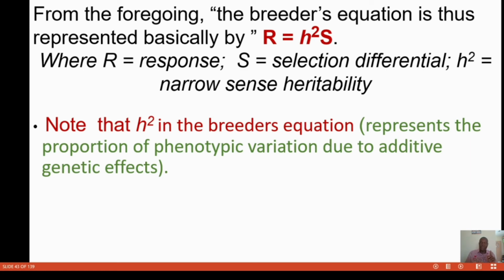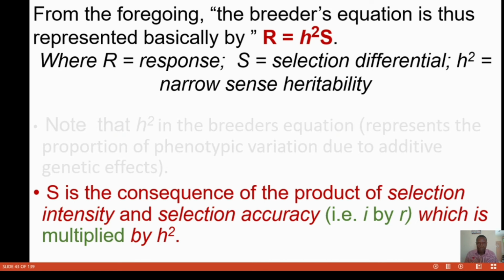Note again, I want to remind us that the heritability in the narrow sense in the breeder's equation represents the proportion of phenotypic variation due to additive genetic effects. Here, S is the consequence of the product of selection intensity and selection accuracy, which is multiplied by the narrow sense heritability.